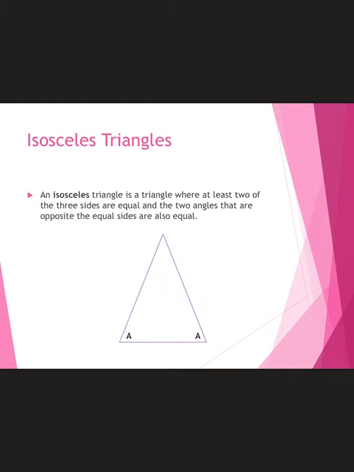An isosceles triangle is a triangle where at least 2 of the 3 sides are equal and then 2 angles that are opposite are equal also. So we have our equal sides here. So the angles opposite the equal sides are also equal.